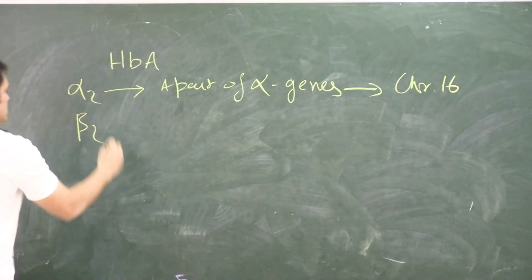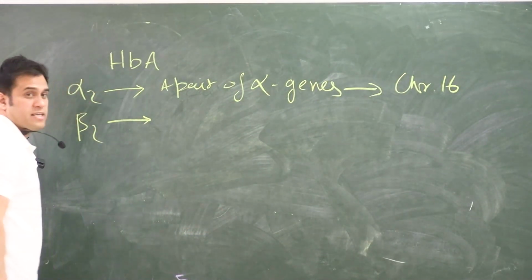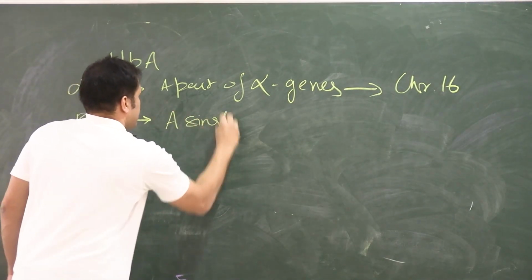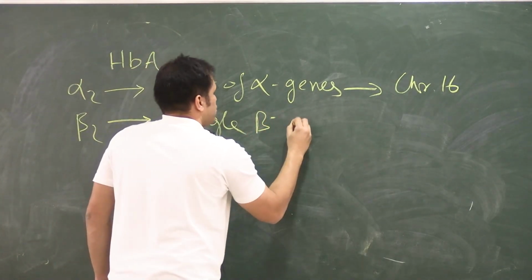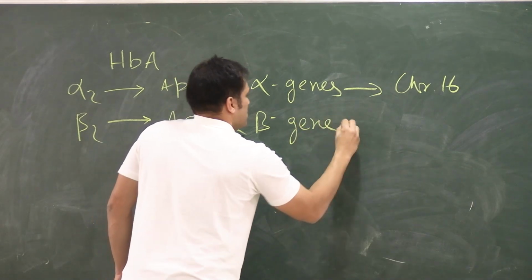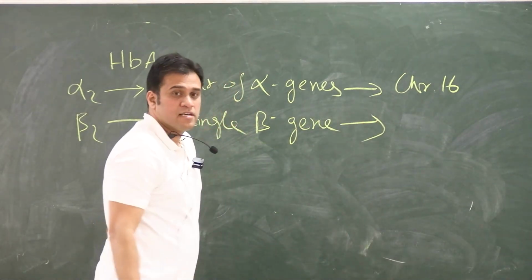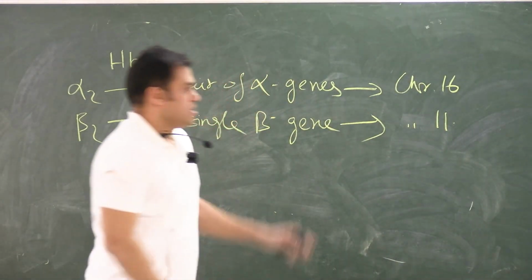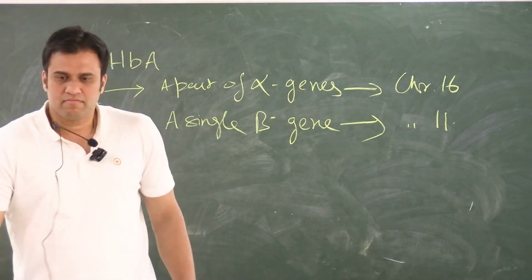And beta chains encoded by a single, not a pair, a single beta globin gene. Where it is located? Chromosome 11.